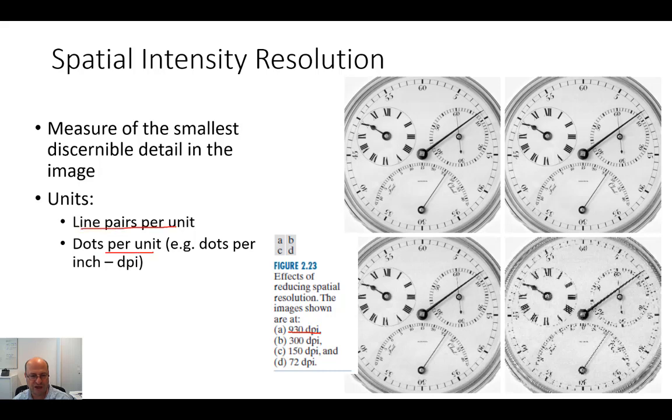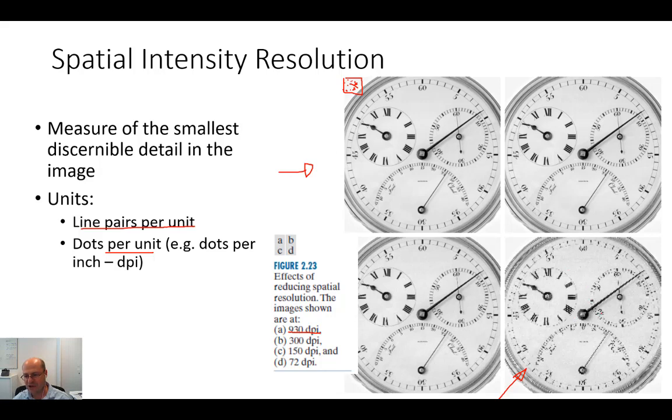We also use line pairs per unit. It's just the number of dots that I have per inch, the number of dots in an image. Of course, if I have more dots, if I have a dense representation of this image, I'm going to have a very sharp image.